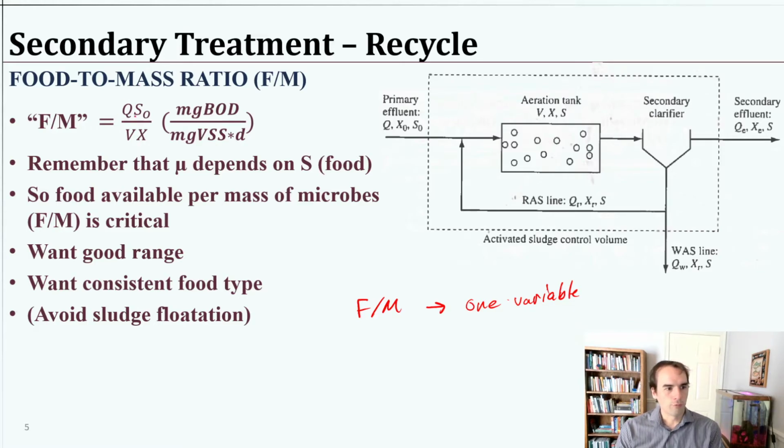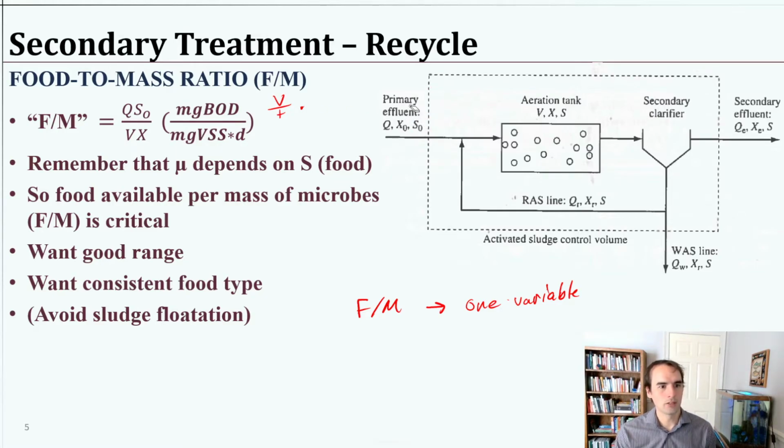So you have flow rate times the substrate concentration. That's your food. And that's actually the food per time, because a flow rate is volume per time multiplied by the substrate concentration that's coming in, that S naught.